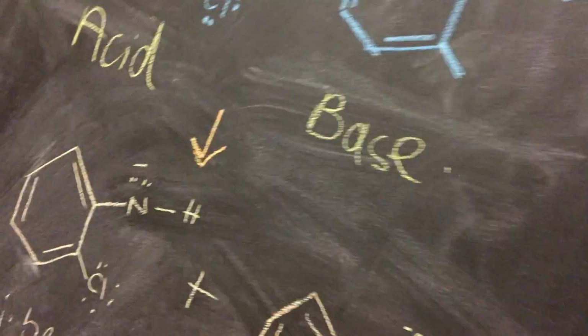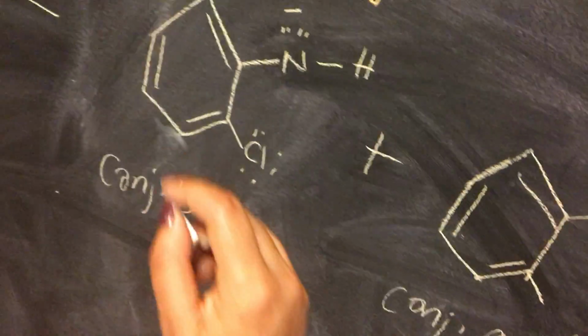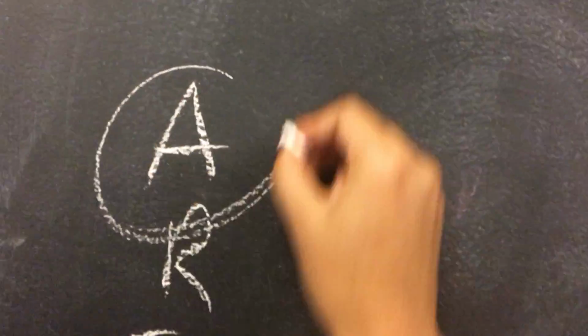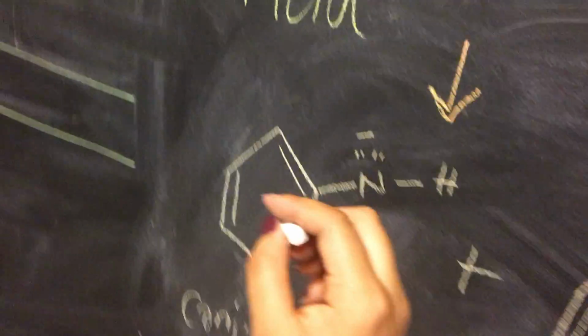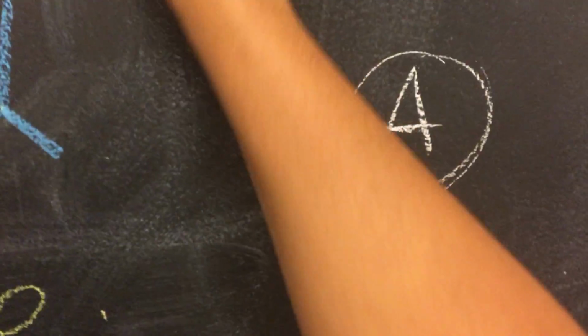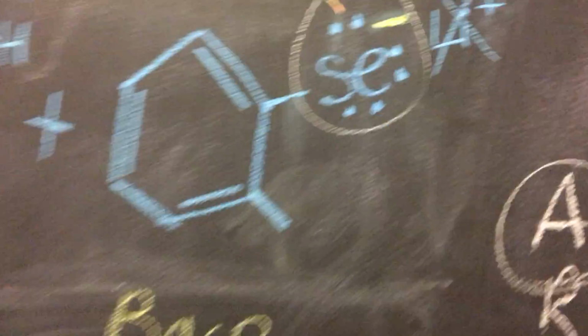In order to do that, I'm going to compare the bases. So this conjugate base, when we look at ARIO and we're looking at the A, we can see that this atom right here, we can focus on that atom, and then this one.